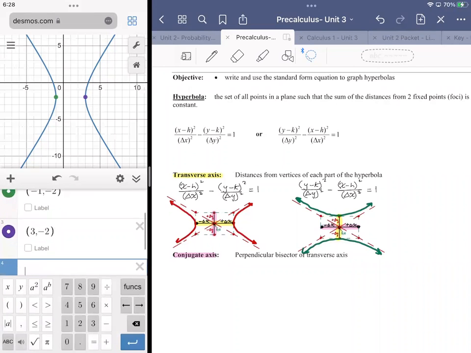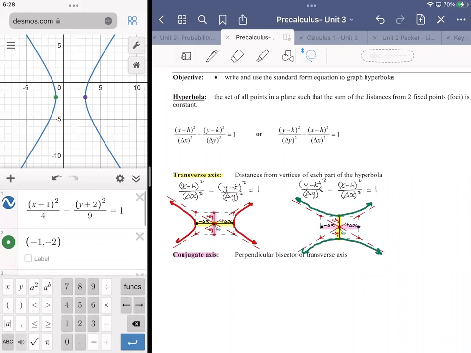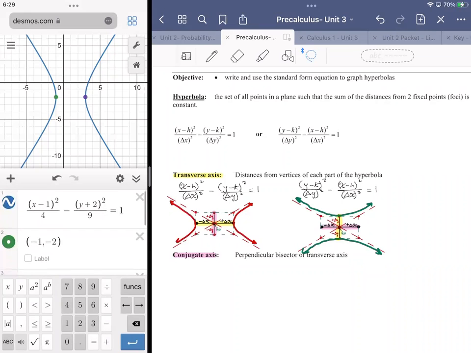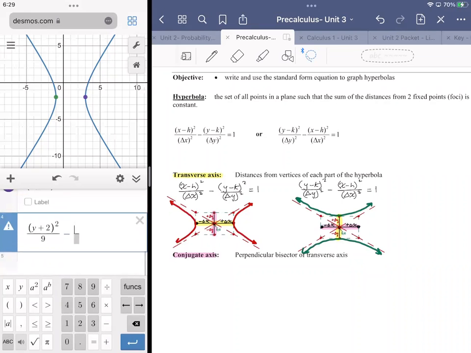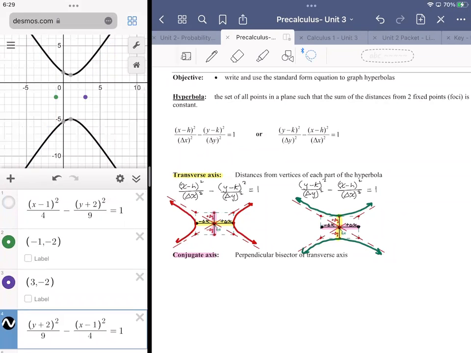So I would have, well, let me do the fraction first: (y + 2)^2 over 9 minus (x - 1)^2 over 4, the whole thing equal to 1. I would turn this one off, but you can see here, hopefully, that it's an upward and downward facing hyperbola.